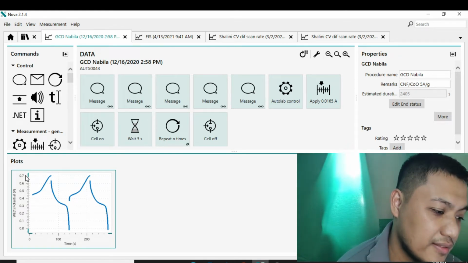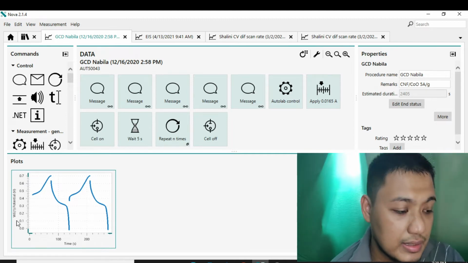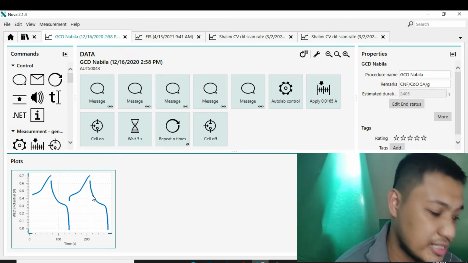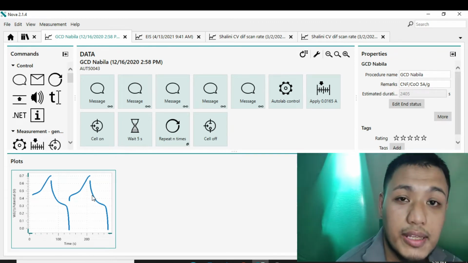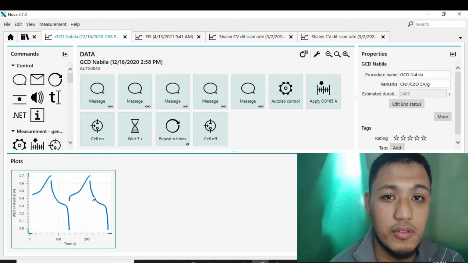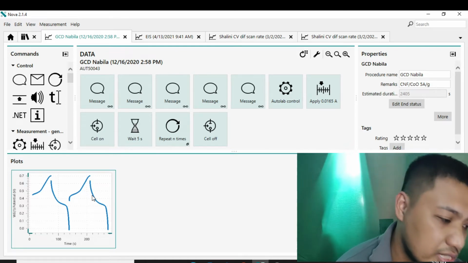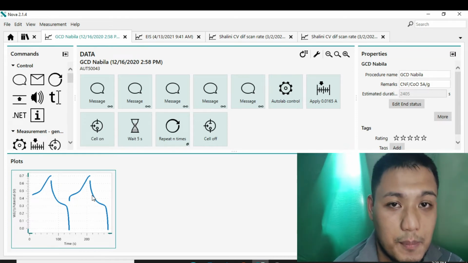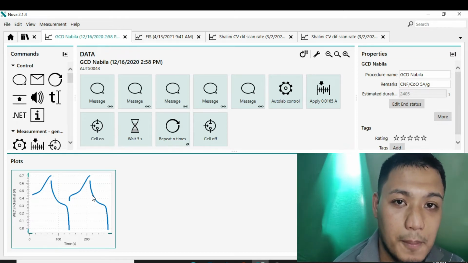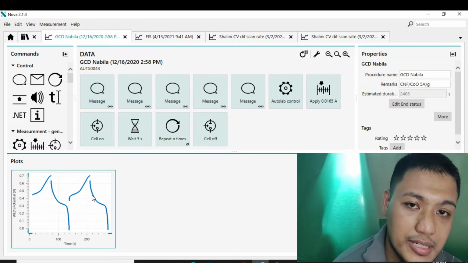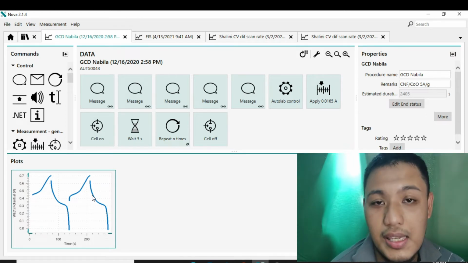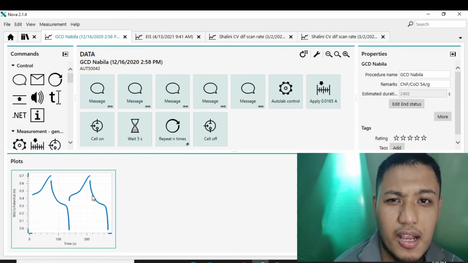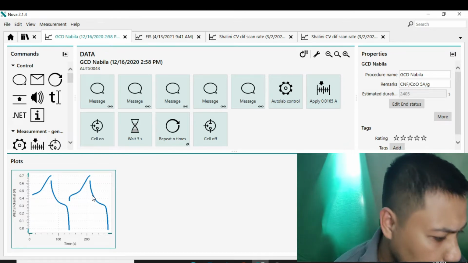From the GCD you get the discharging time, and from that you can calculate the specific capacity. Using CV we can also calculate it. Using GCD we can calculate the specific capacity or the specific capacitance, depending on your type of material. If you have a battery-type material, you calculate specific capacity. If you have a pseudocapacitor or EDLC, you calculate specific capacitance.